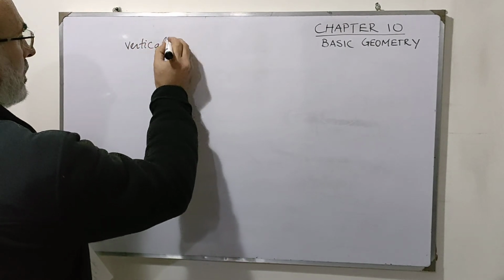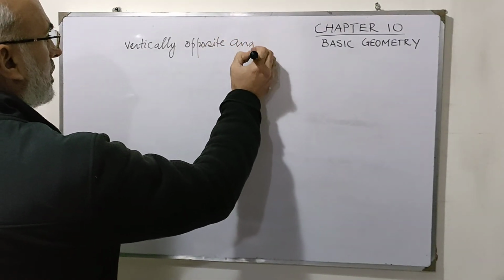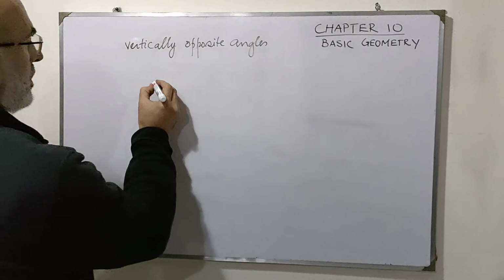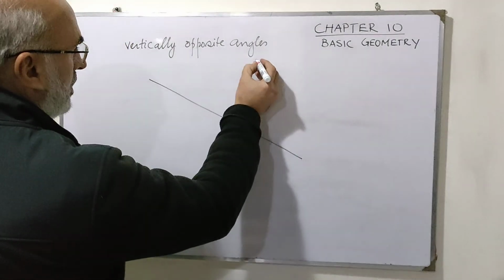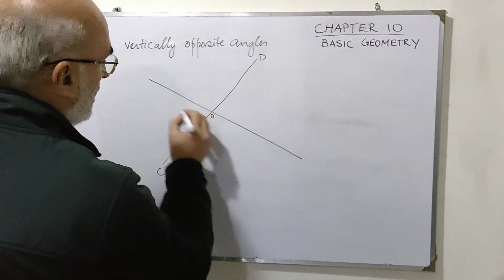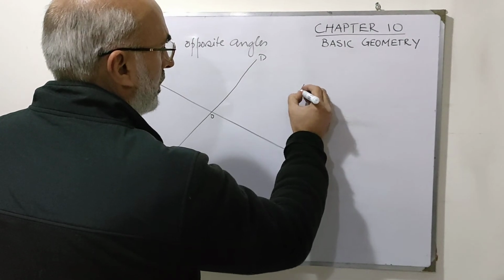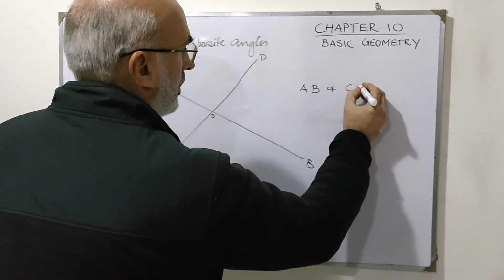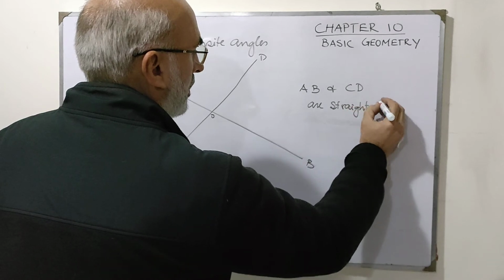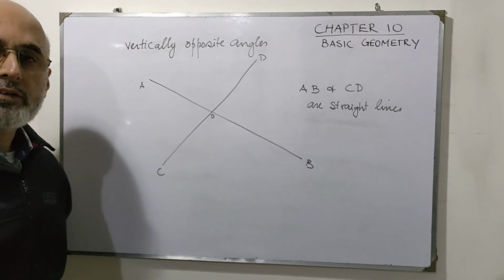Vertically opposite angles. So, AB and CD are two straight lines, okay?